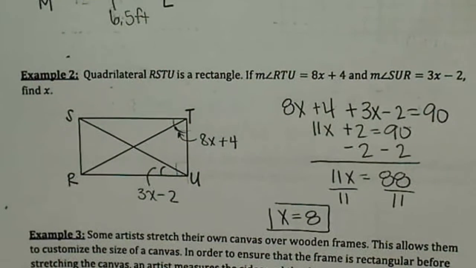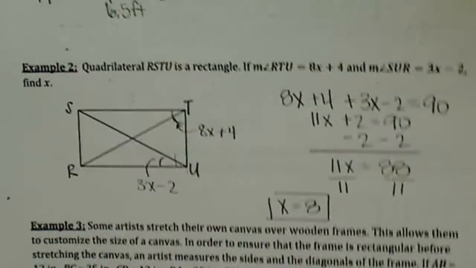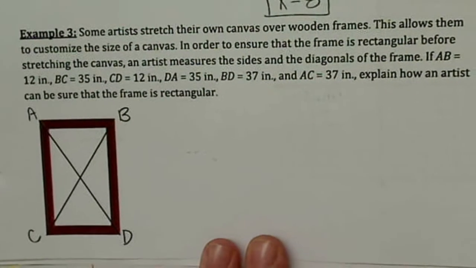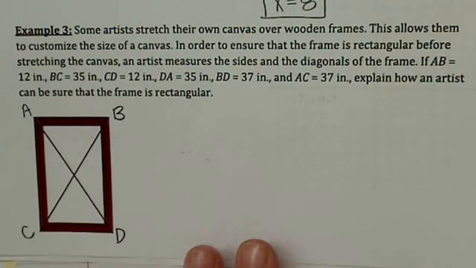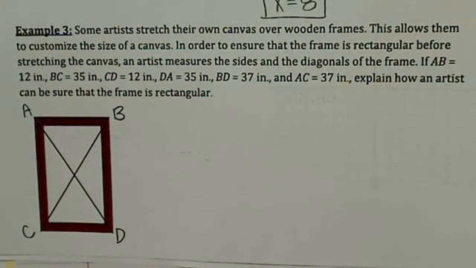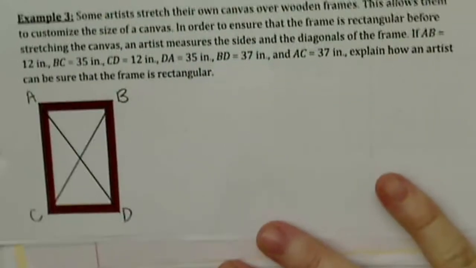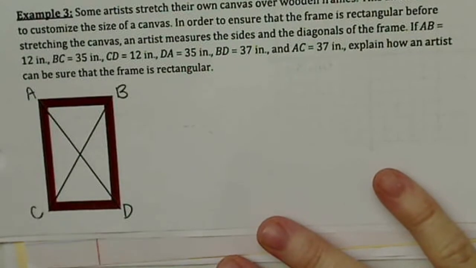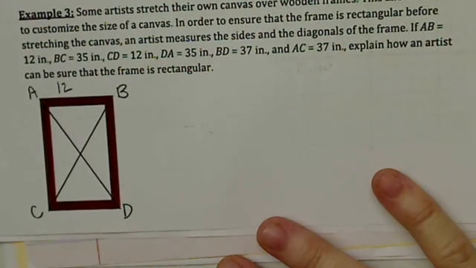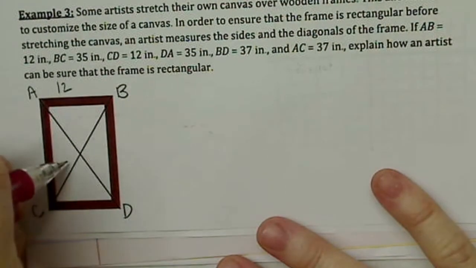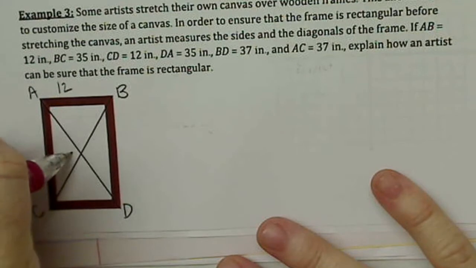Okay, number 3. You know that AB equals 12. You know that BC equals 35.